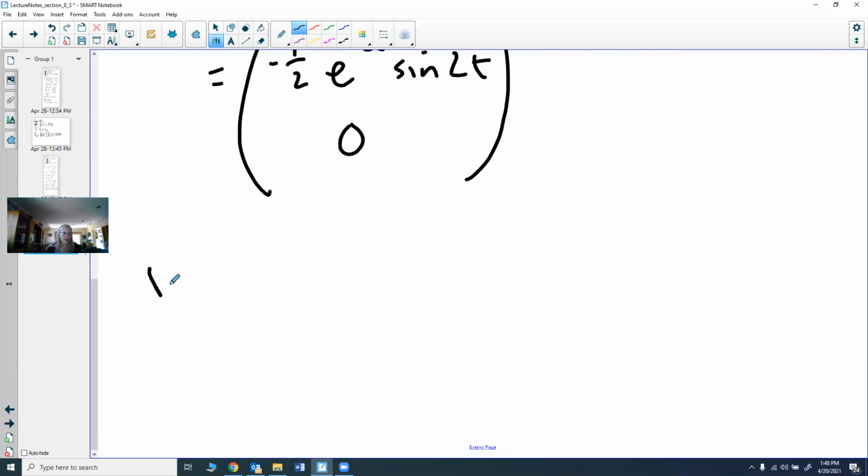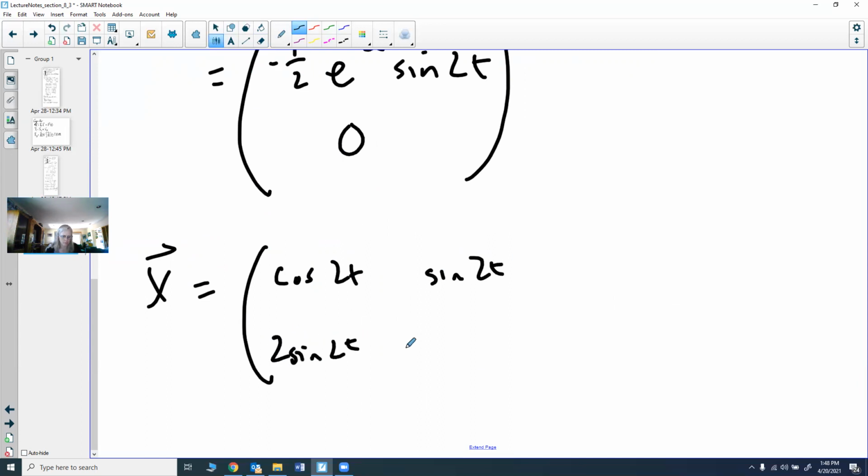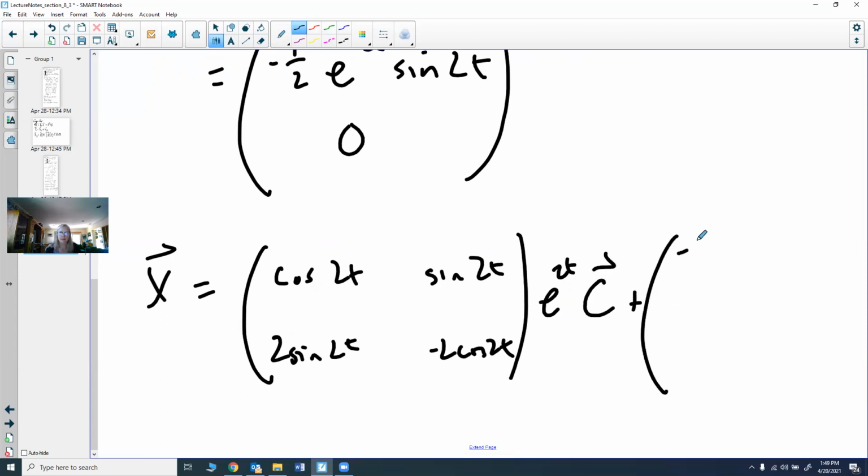So that means that my x is the matrix cosine of 2t, sine of 2t, 2 sine of 2t, minus 2 cosine of 2t, all times e to the 2t times my C matrix, plus this minus 1/2 e to the 2t sine of 2t, 0.